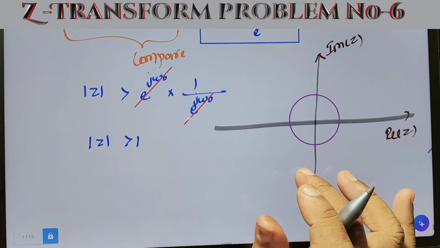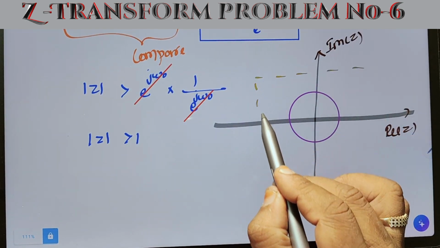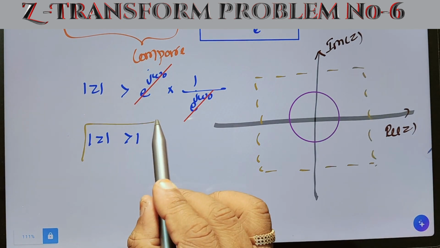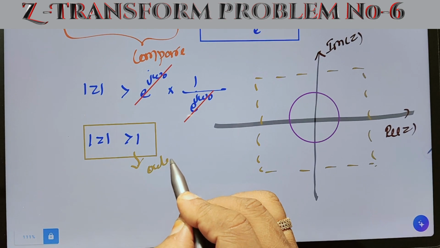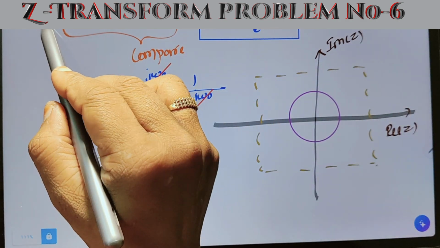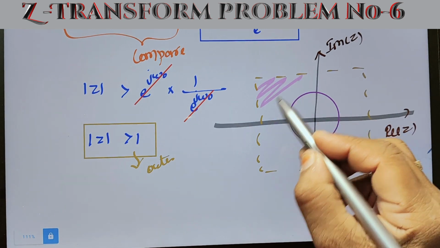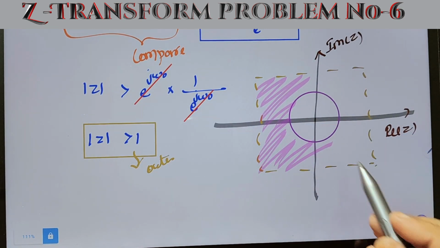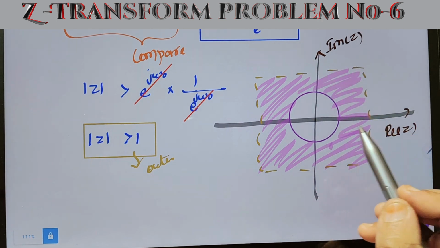Here modulus of z greater than 1 for the ROC plane. Greater means outside or outer. Then shade the area. This is the outer area because of greater than.